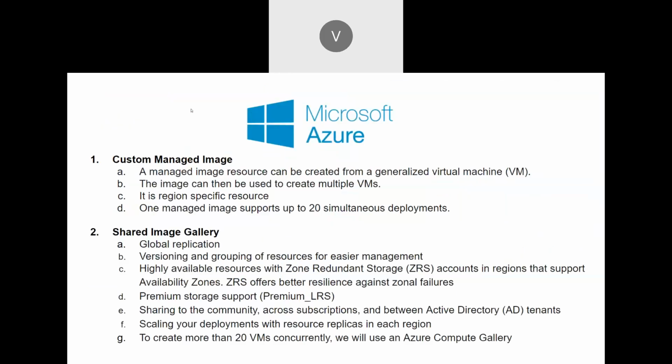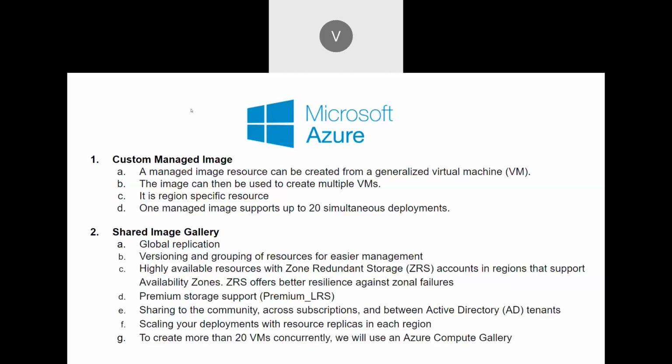Azure provides us two services through which we can utilize this benefit. One is the custom managed image, and the other is the shared gallery image. A custom managed image is created by generalizing a virtual machine.